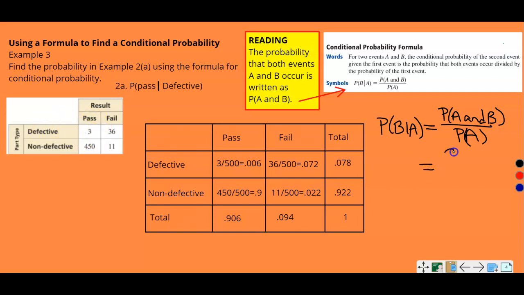So that's going to be our numerator. And then the probability of A in this case would be the total of these together, which we found right here to be 0.078.